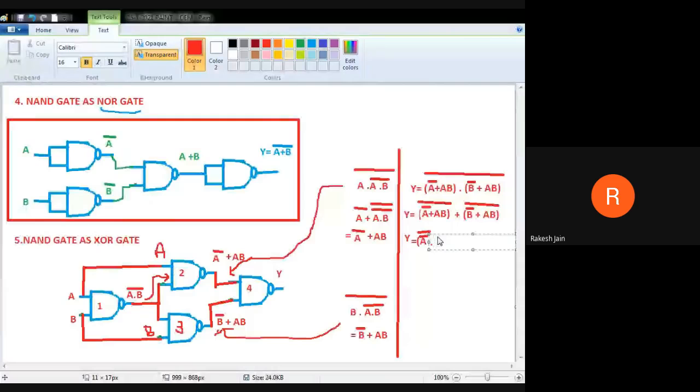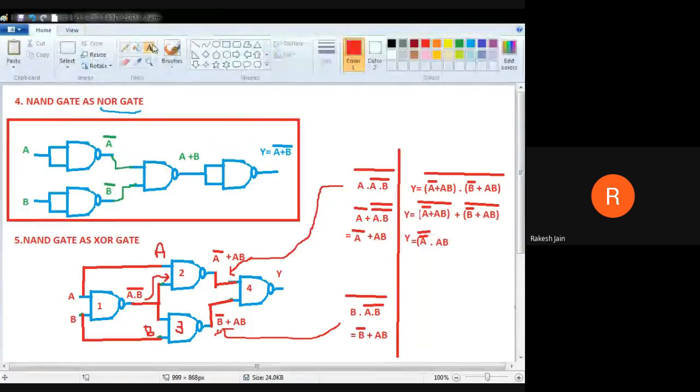Then the second thing having a bar. The second thing is AB having a bar. So the first thing is A bar, the second thing is AB, both converted into a dot sign, a multiplication dot, and individually bar. The first A bar will be bar and the second AB will be bar.